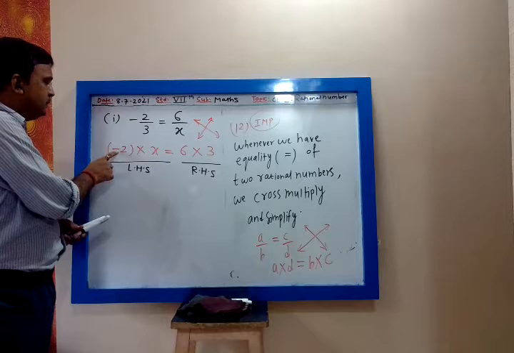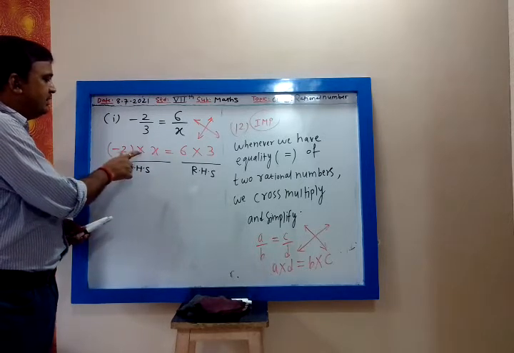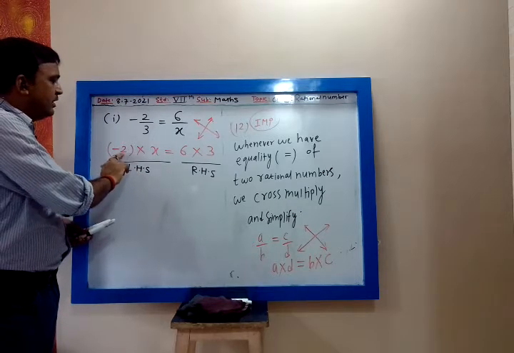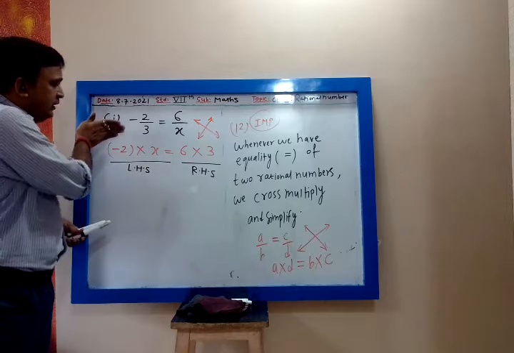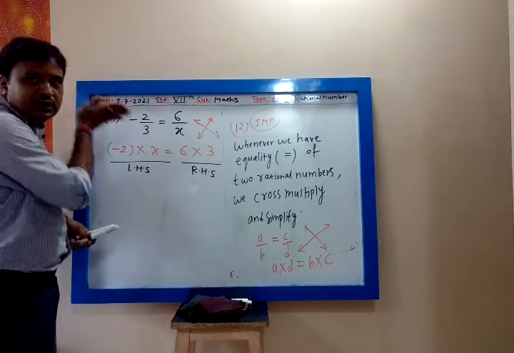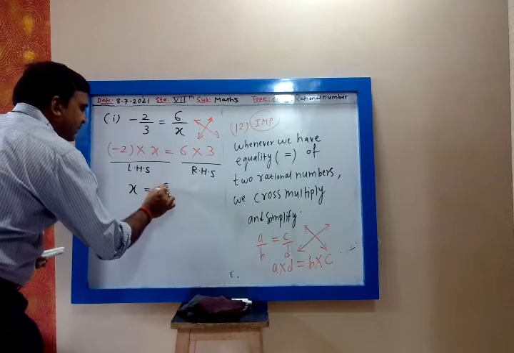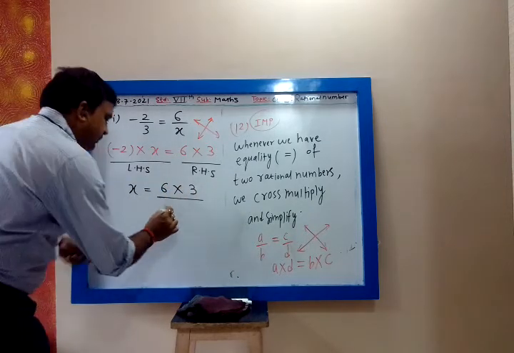Minus 2 is there in the multiplication on left hand side. When I take minus 2 to the right hand side, it will go in the division. So you will get x is equal to 6 into 3 upon minus 2.